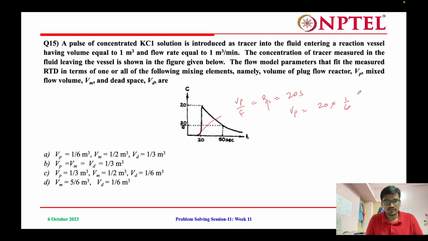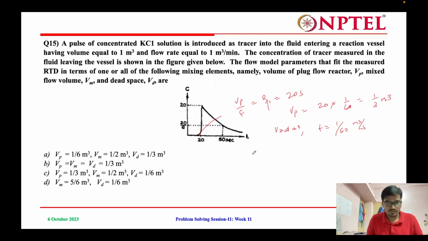Here the flow rate is given in meter cube per minute, so we have to convert into seconds. So Vp is 1 by 3 meter cube, the volume of the plug flow reactor. Now total volume given is 1 meter cube and F is 1 by 60 meter cube per second, right?